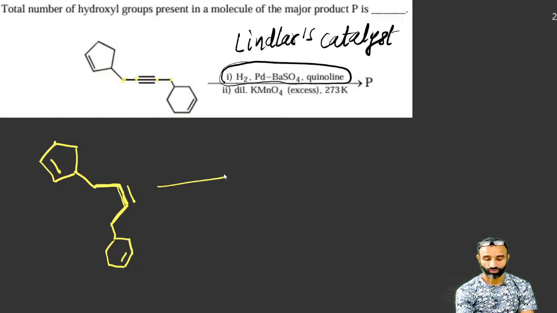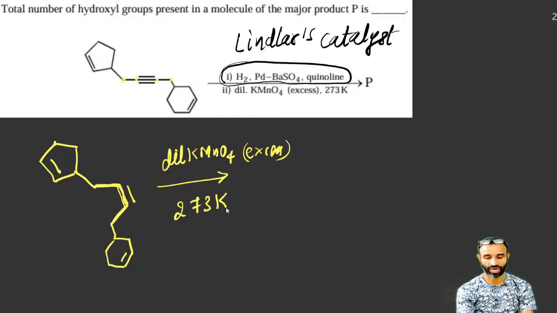Now we treat it with dilute KMnO4 at 273 Kelvin. That means there is a hydroxylation reaction, which means these double bonds are replaced by OH.